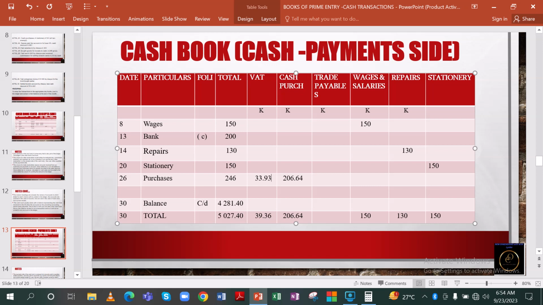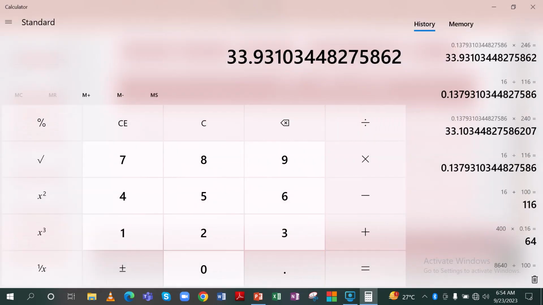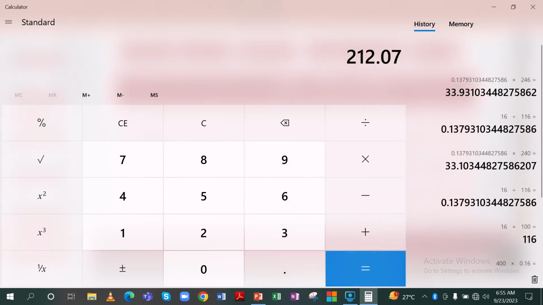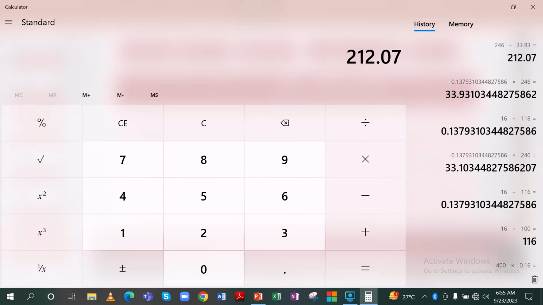Okay, so if you remove that one from 246, that is 246 minus 33.93, we're going to end up having 212.07.